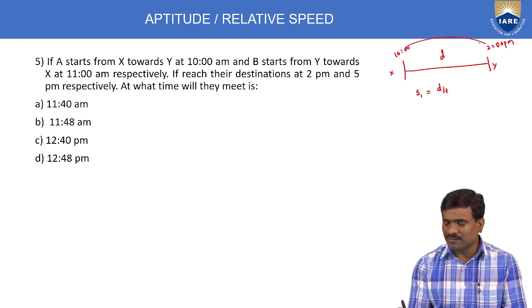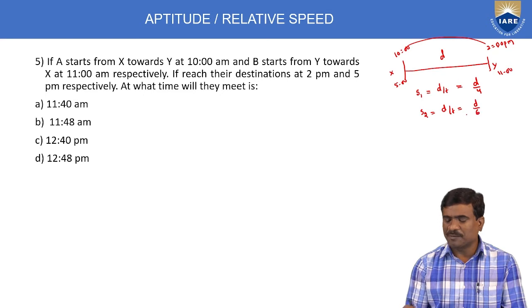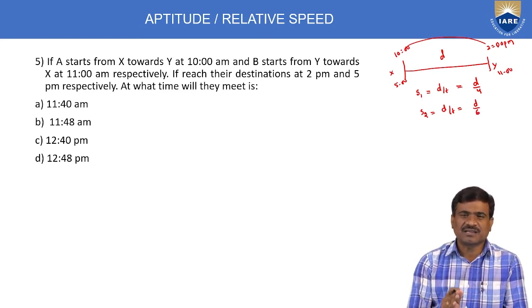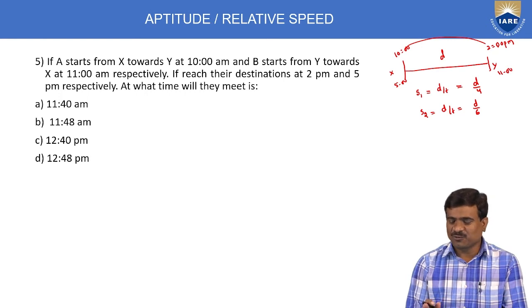A's speed is D by 4. And B's speed is distance by time, 11 a.m. to 5 p.m., which is D by 6. B takes 6 hours and A takes 4 hours, so the speeds are D by 4 and D by 6 respectively.